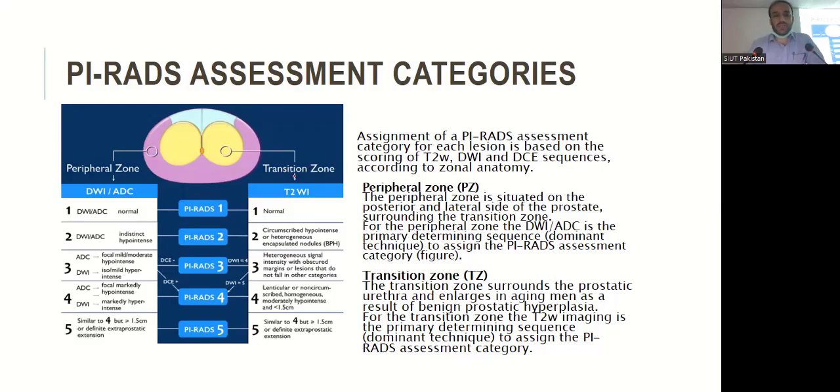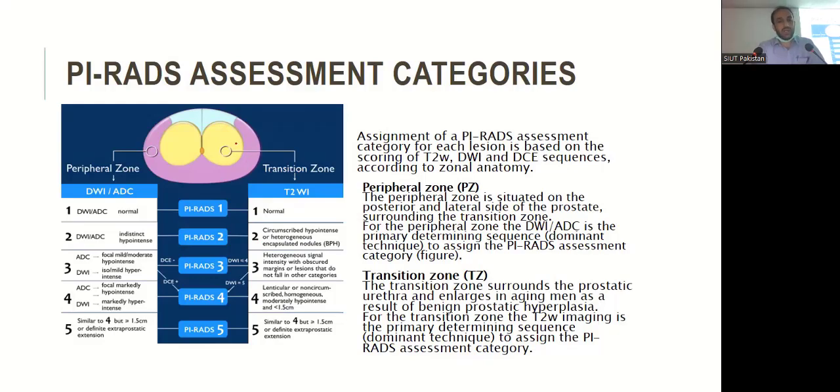In the transition zone, the better image to use, as we already talked about, is the T2 weighted imaging. On T2 weighted imaging, the transition zone in PI-RADS 1 will appear normal. In PI-RADS 2, it will appear as circumscribed, hypointense or heterogeneous encapsulated nodules.